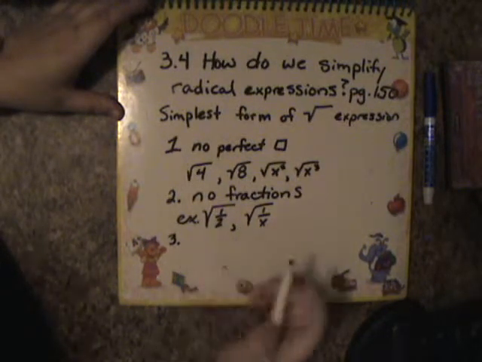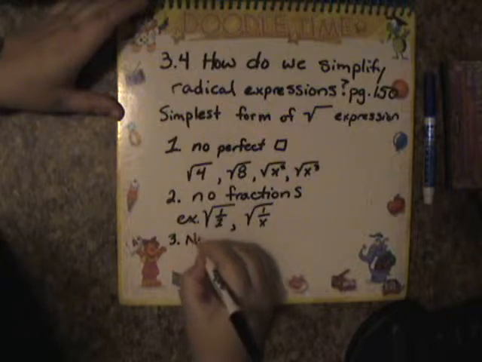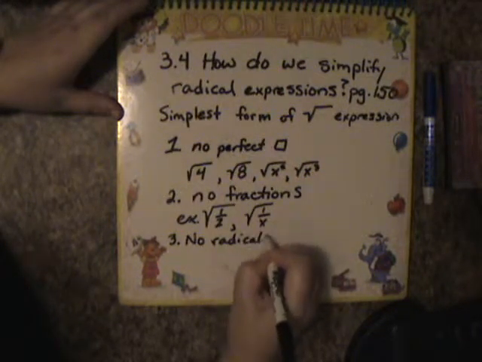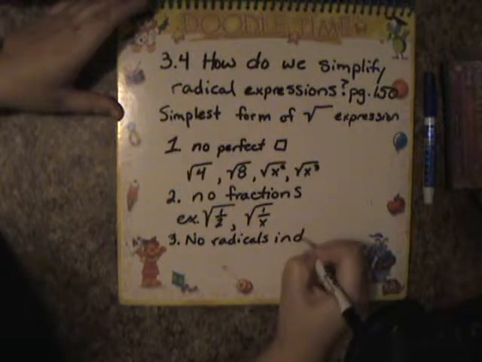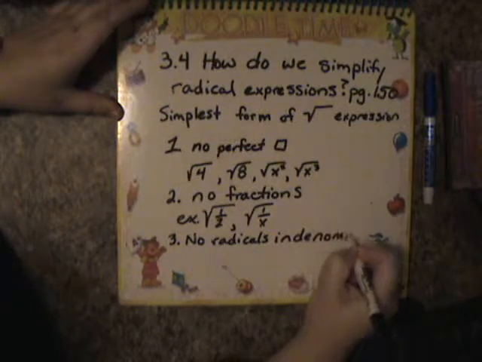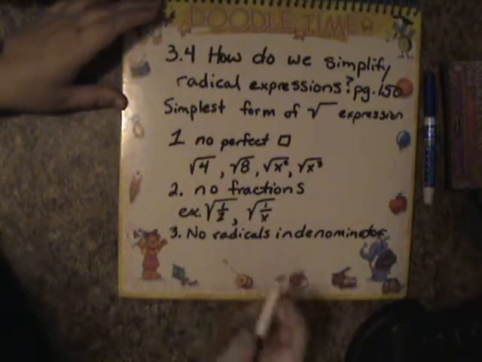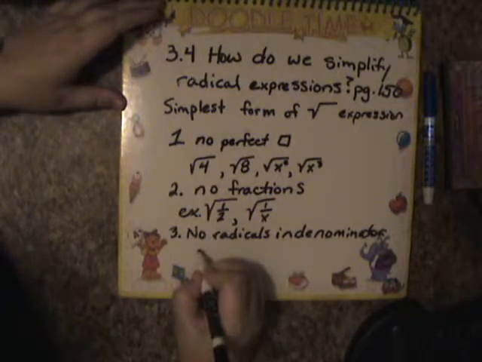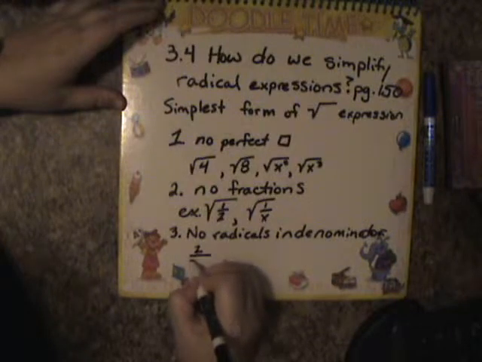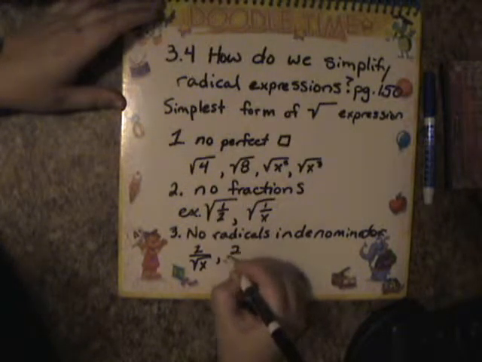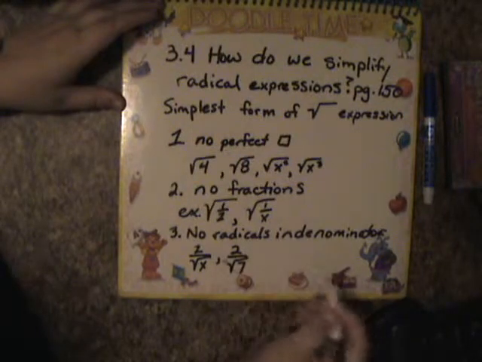And then the third is that there are no radicals in the denominator. So you wouldn't want to have something like 2 over the square root of x, or 2 over the square root of 7.